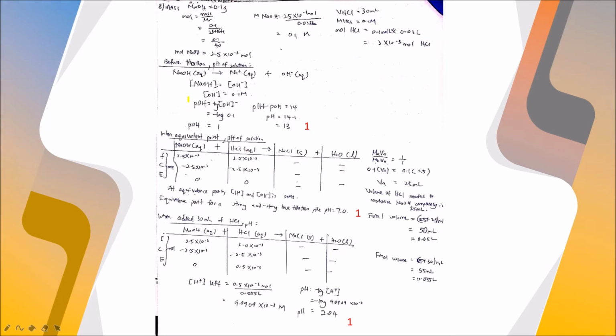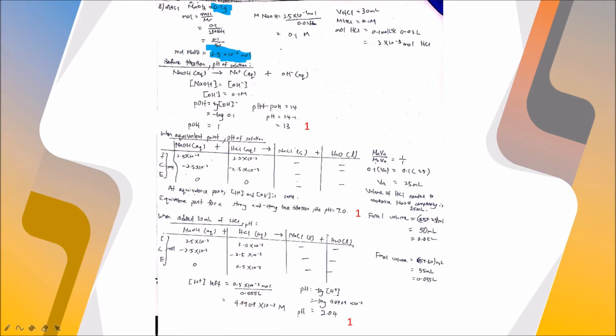So in part 1, the calculation part, we need to calculate the pH of the solution in three conditions: before titration, at equivalence point, and after all the acid is added. From the information given, we know that the mass of NaOH is 0.1 g, and you put in the formula and you will get the mole of NaOH is 2.5 times 10 power of negative 3.